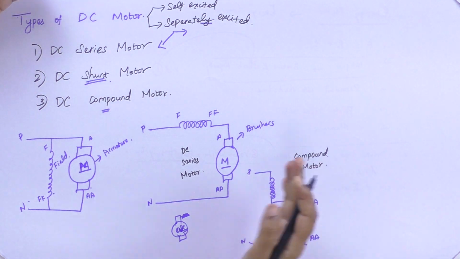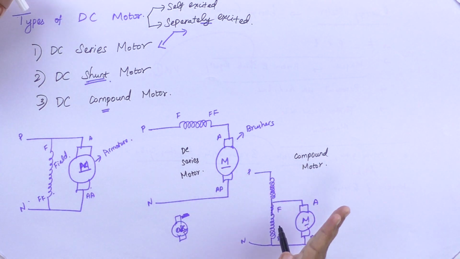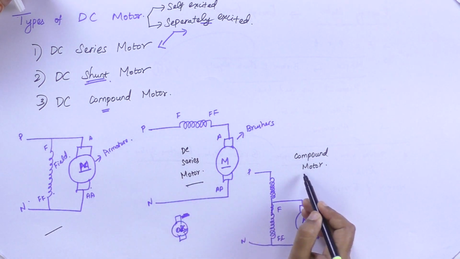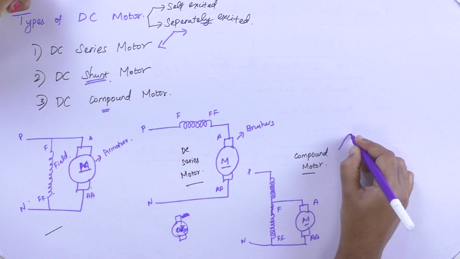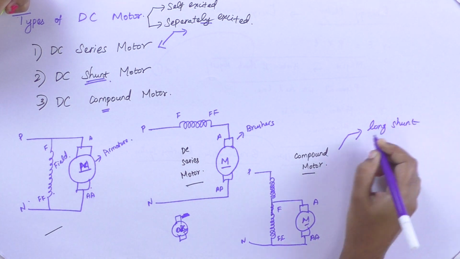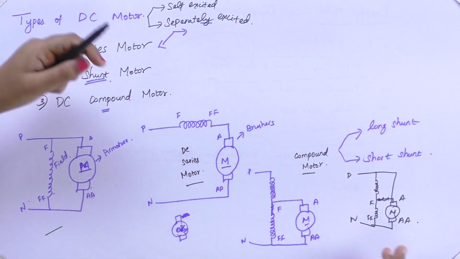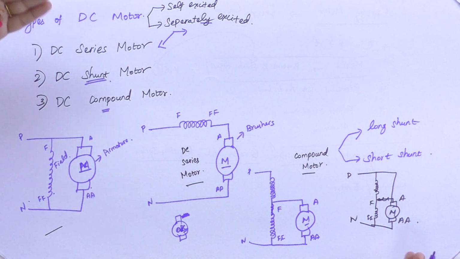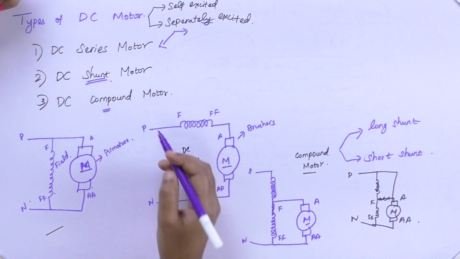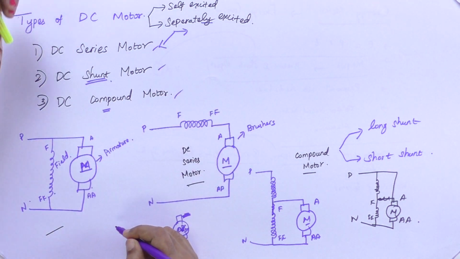Based on the connection of the field winding, it is classified into three categories: DC shunt, DC series and compound motors. Compound motor is further classified into long shunt and short shunt. Each and every motor has different performance.